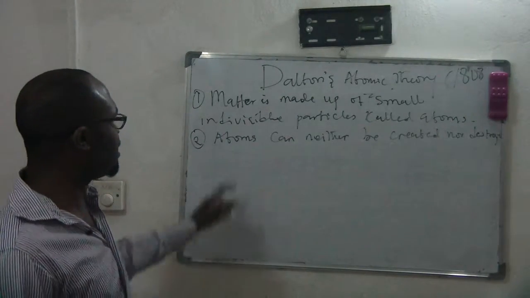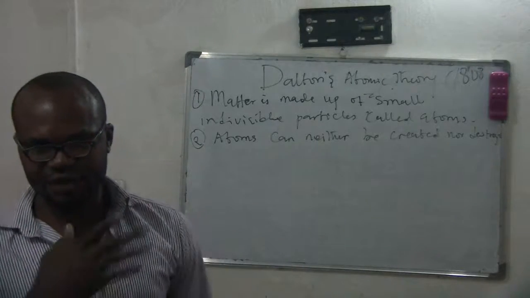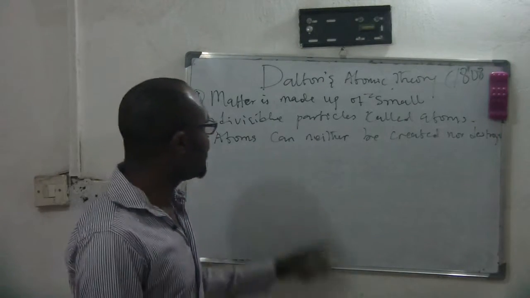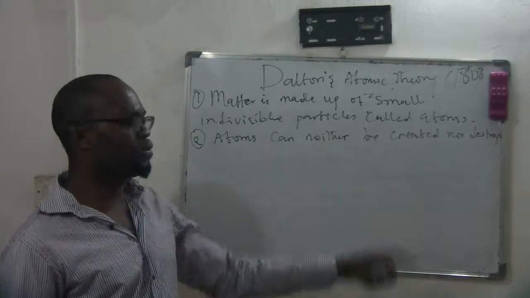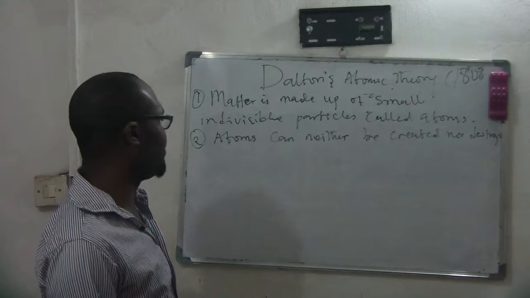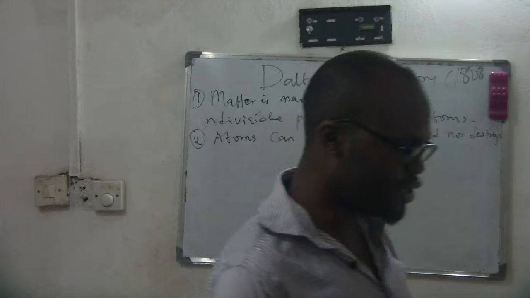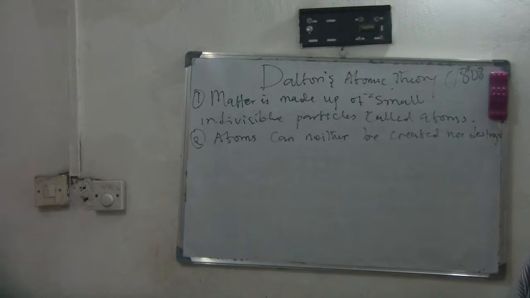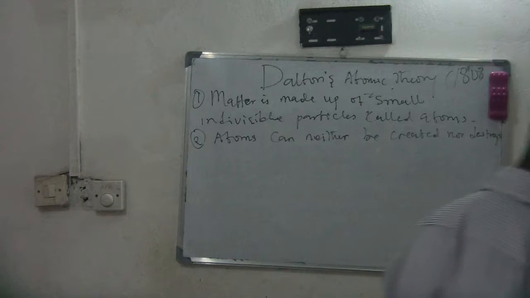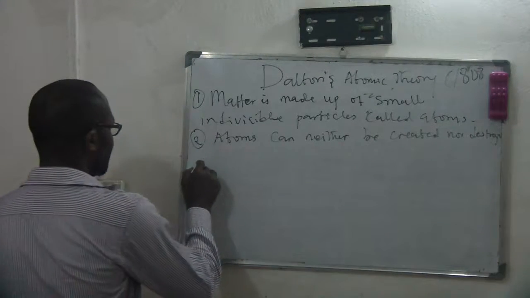The first statement is that every matter, me and you, are made up of small indivisible particles called what? Atoms. And the number two statement is that atoms can neither be created nor what? Destroyed. The number three statement says that atoms of a particular element are exactly alike in every respect and are different from other atoms of other elements. Number three statement says what?